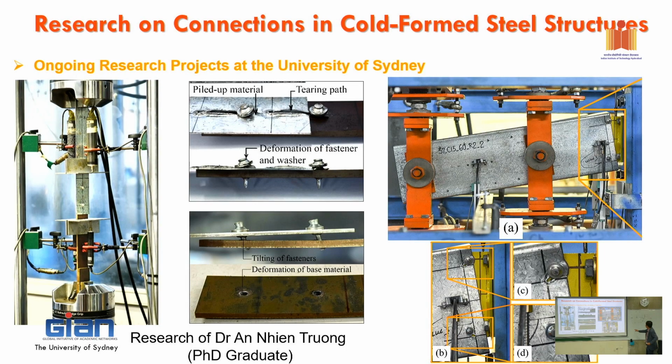It's a very complicated test setup, but we can get what we want: the ratio between the rotation and shear that we design for. So a very interesting test rig. If you're interested, I will send you our paper and our thesis so you can have a look and hopefully find some useful information. That is what we tested at our lab at the University of Sydney, just to give you an update about what's going on.